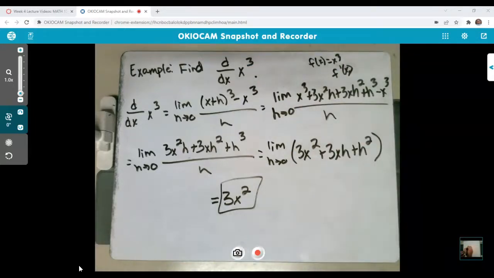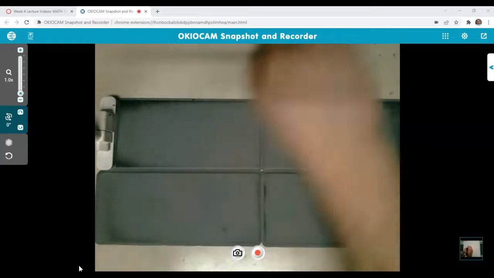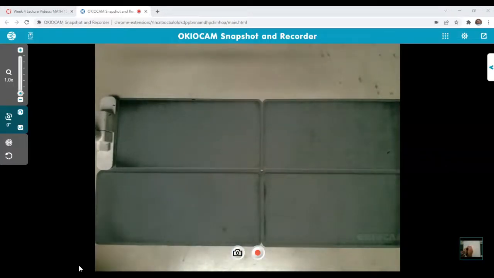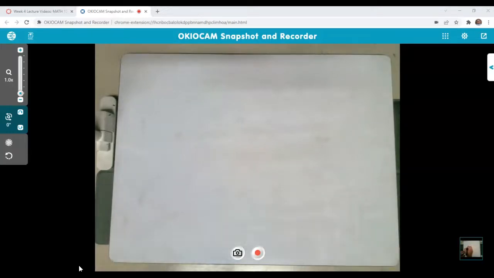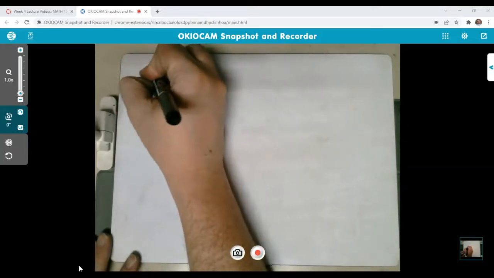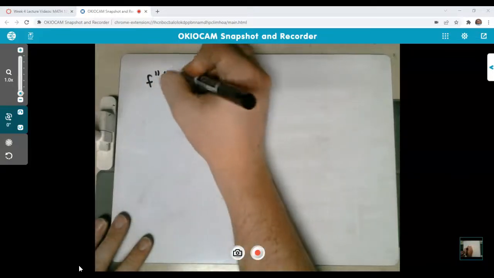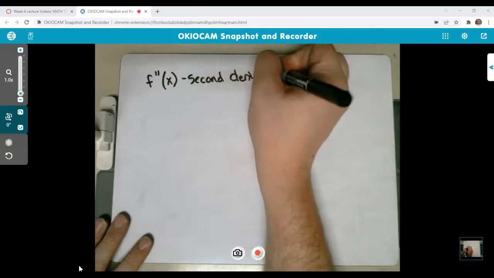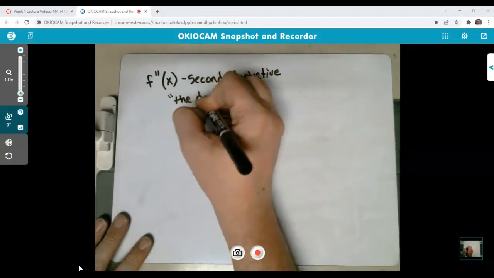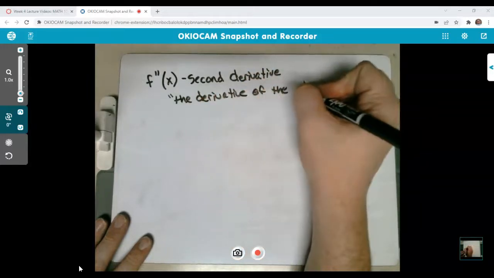Some other notations you might see are these. If you see f double prime of x, so if it's an f with 2 primes, that is the second derivative, which basically means it's the derivative of the derivative.